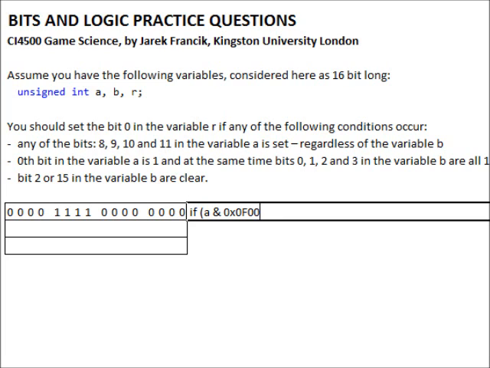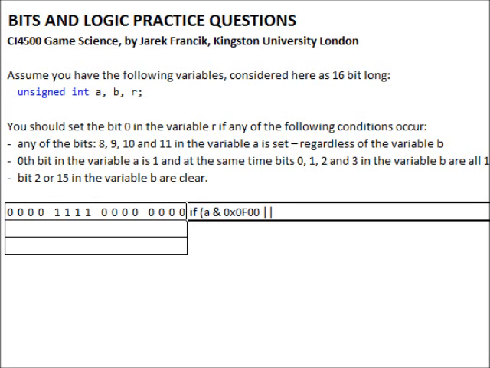We will now go on to the second condition, but we need to connect the two conditions using the Boolean operator OR. The second condition is 0th bit in the variable a is 1, and at the same time bits 0, 1, 2, 3 in the variable b are all 1. It is by itself a complex condition, and the words at the same time suggest using the Boolean operator AND.